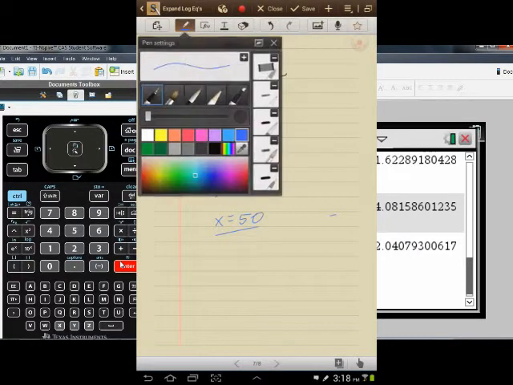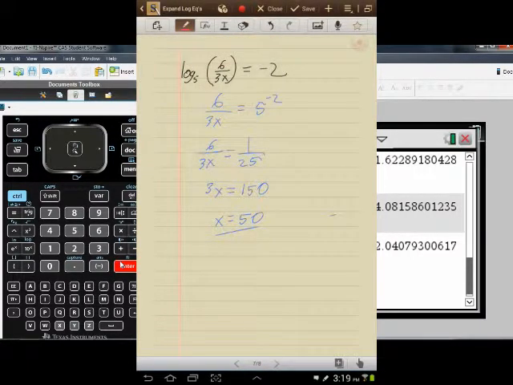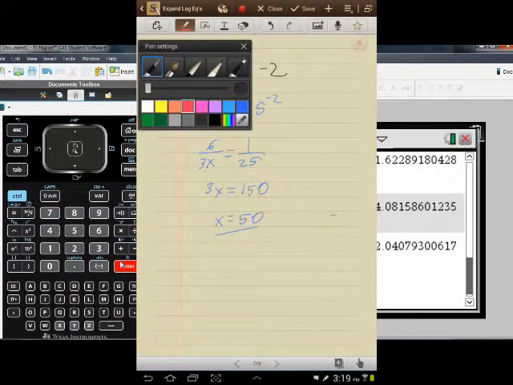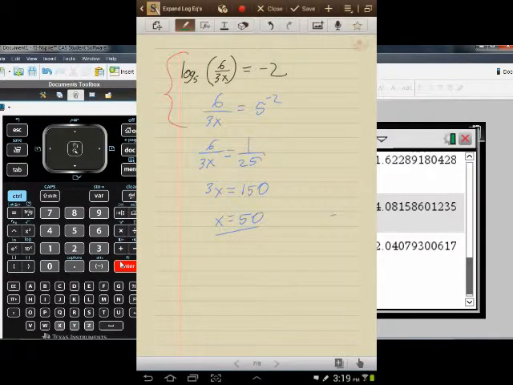So still we have the new step from last section. We're writing the logarithm in exponential form. But if you notice, depending on what is inside that logarithm, a whole host of other skills can be used. Here we're using proportions.